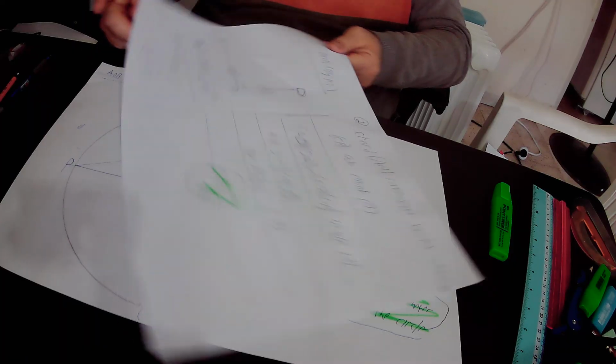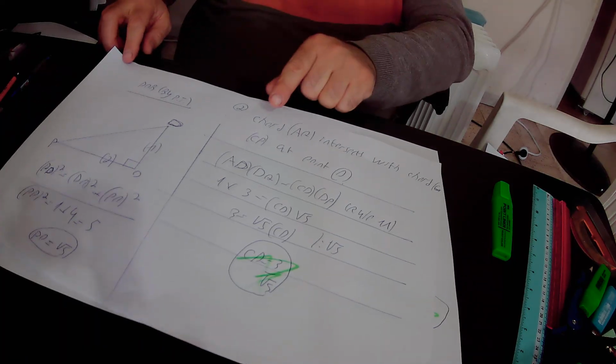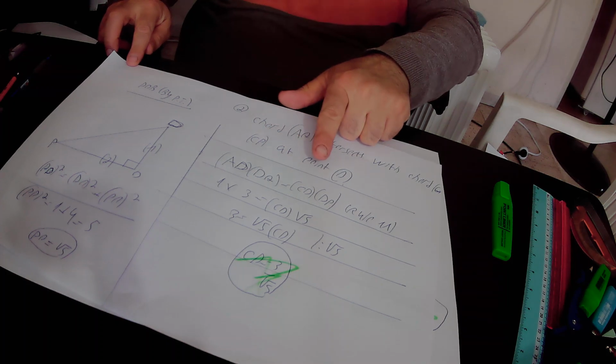And again, according to rule 11, AD times DQ equals CD times DP.